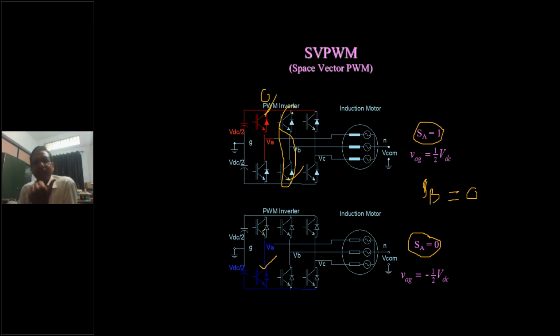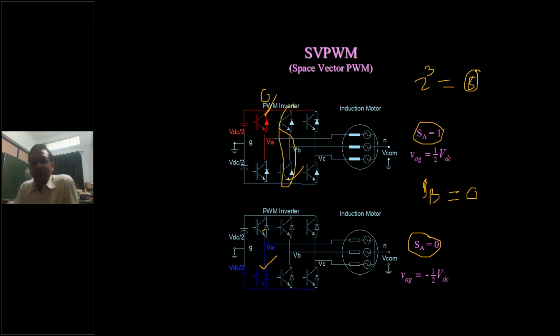There are two states for B phase and two states for the third phase. So how many combinations? Two, two, and two, so there are 8 combinations. So there are 8 switching states, and using these 8 switching states we are going to generate the output voltage.